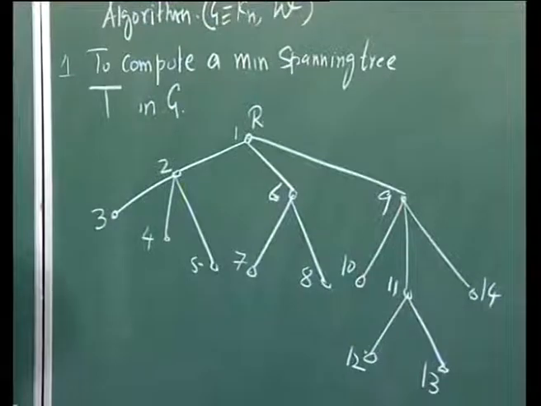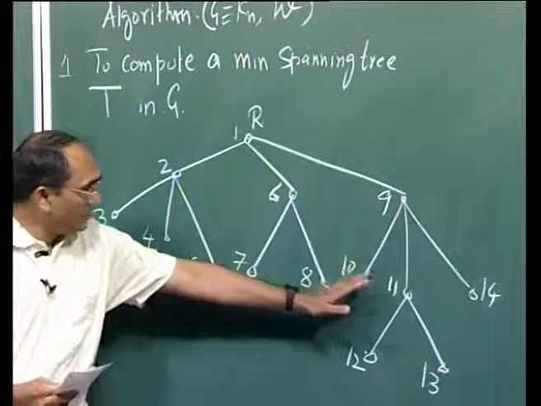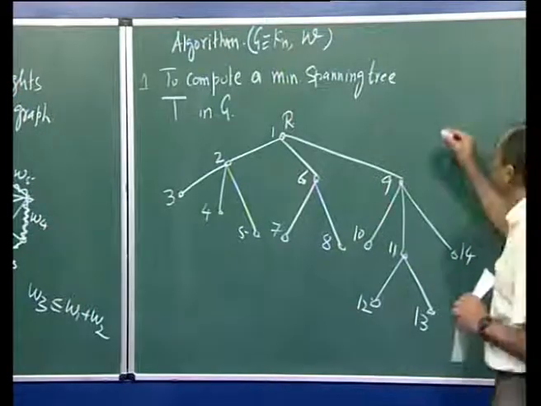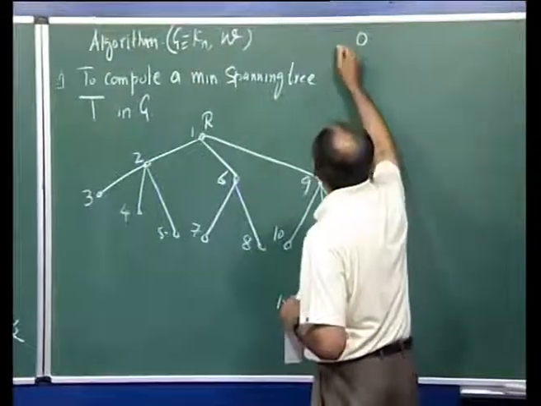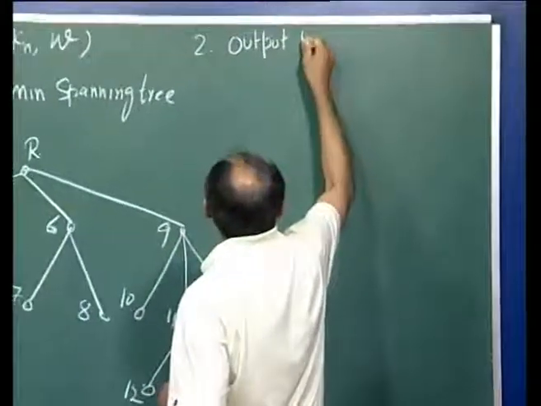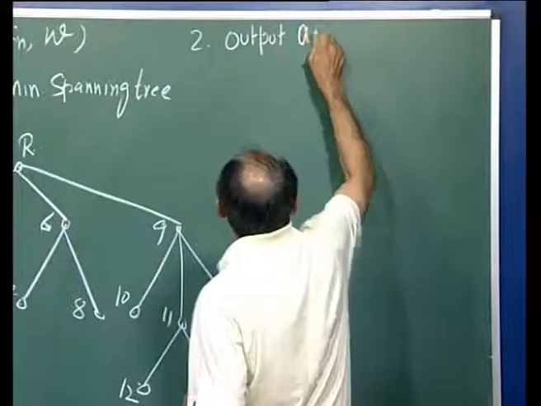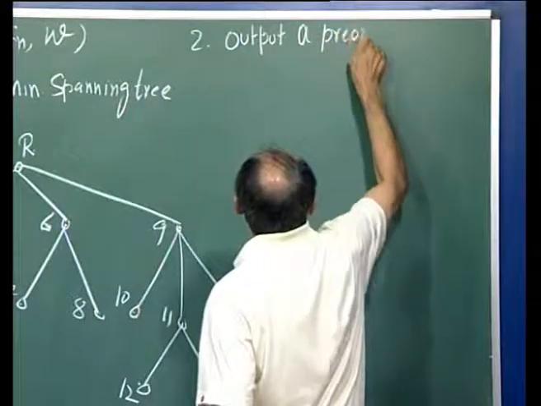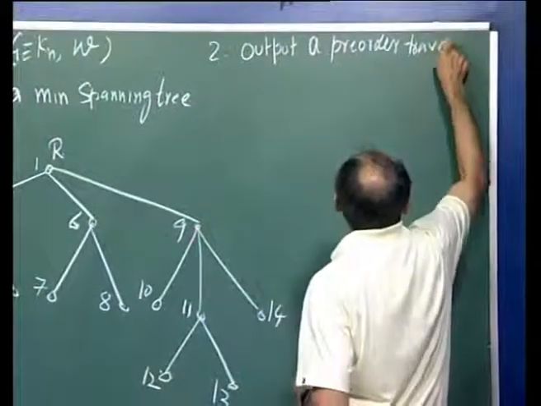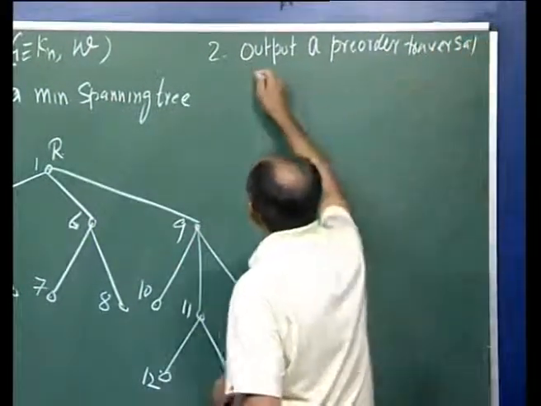This is the order in which we will traverse. This particular order is my output. So, step 2 is output a pre-order traversal of T.